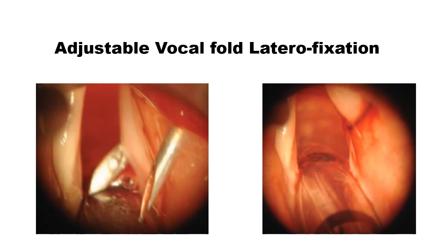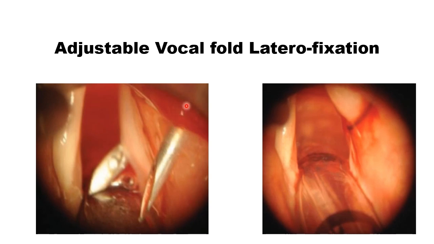When there is still a potential for vocal fold regaining mobility after thyroid surgery, for example, one way to avoid a temporary tracheostomy is to use the adjustable vocal fold lateral fixation, which entails passing two trocars from the skin of the neck, one just under the vocal fold edge and the other above that level.